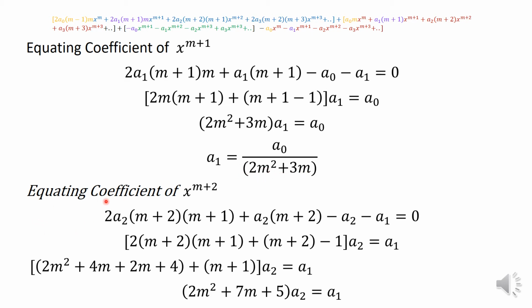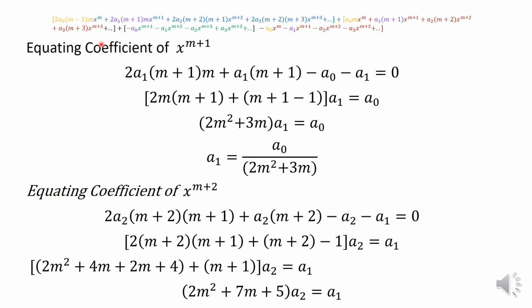So similarly, x to the power m plus 2 we can compare, right? Here it is 1, 2a2 m plus 2 m plus 1 here. Further, here also you should compare. It will be a2 m plus 2, this one.